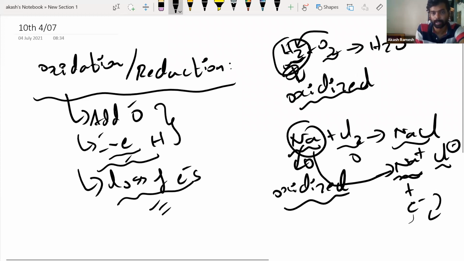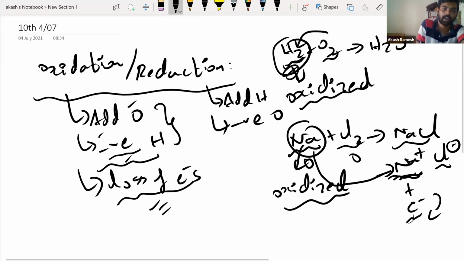So sodium here is forming Na+, and how will it form Na+? By losing an electron. So obviously sodium is the one which is getting oxidized because it has lost an electron to form Na+. Now in the same way I'll be able to define reduction also, exactly opposite of all these three. Either it is going to be addition of hydrogen, or removal of oxygen, or gain of electrons.